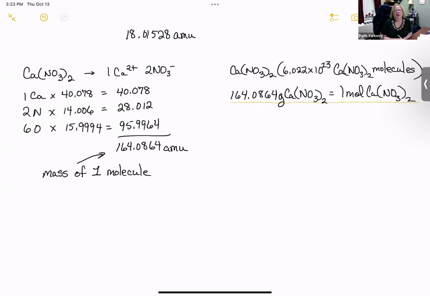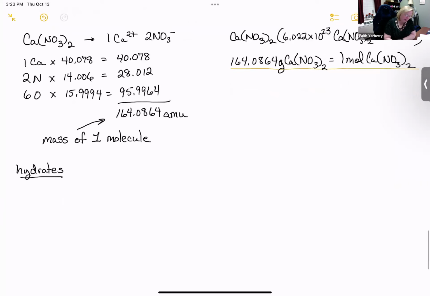One last one I want to go over because, well, you got introduced to them last week in lab, and that is the hydrates. And I'm going to go back to the example I gave you in lab where we were working with cobalt chloride hexahydrate. And I even took the time to attempt to draw a crystal.